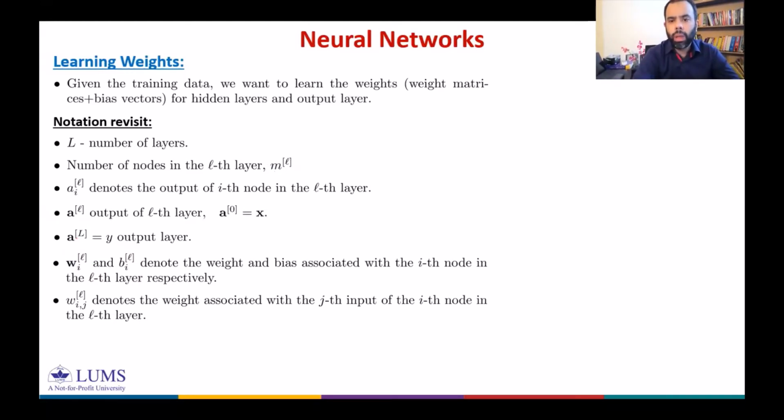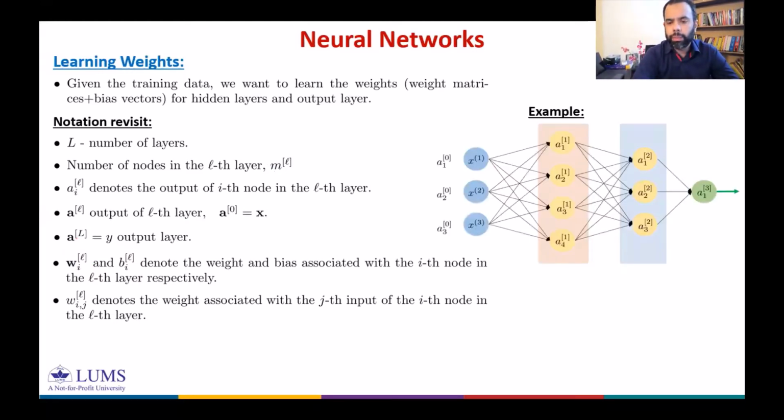As an example, we take a 3-input, 1-output, 3-layer network in which we have 2 hidden layers and 1 output layer. So we defined these weight matrices and this bias vector. These two contain all the parameters we need to learn for layer 1.